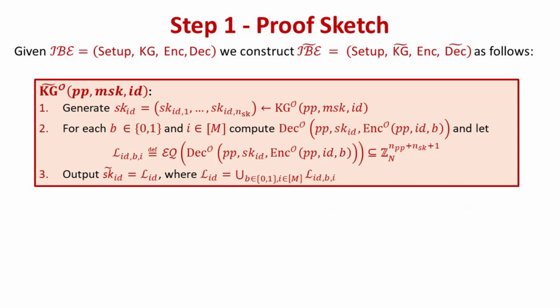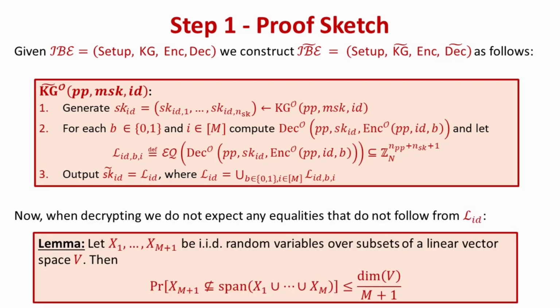Intuitively, when encrypting and decrypting one more time, we do not expect to discover any new equalities that are not already included in LID, and that's the reason that our decryption algorithm introduces only a polynomially small decryption error.